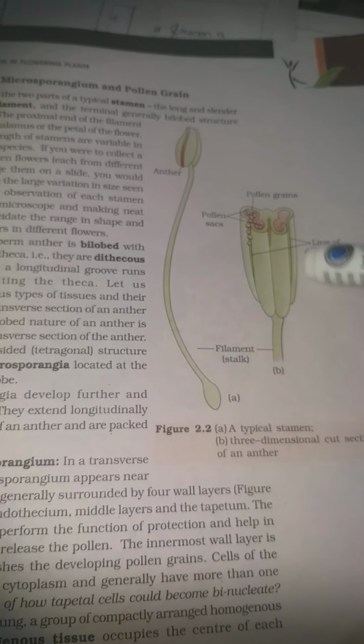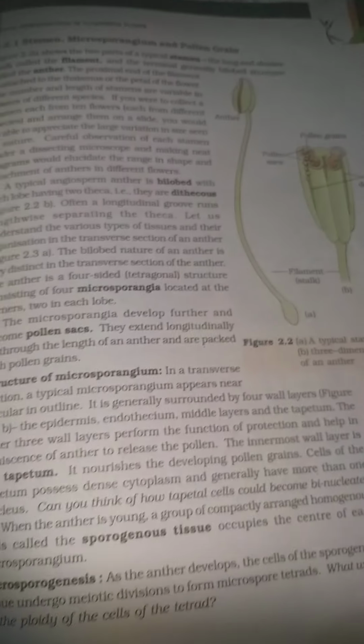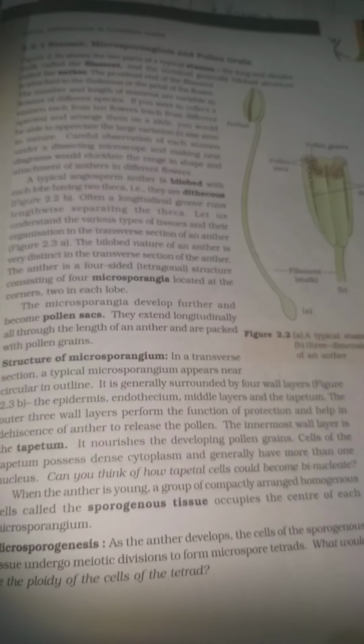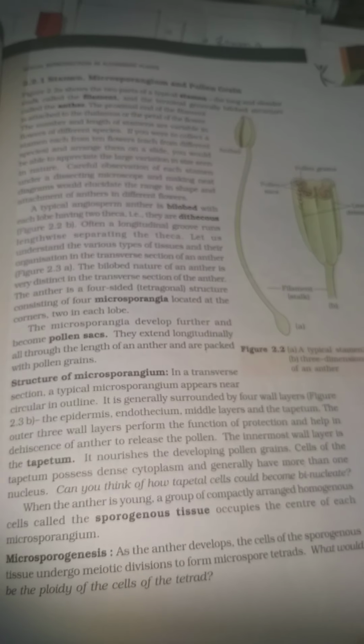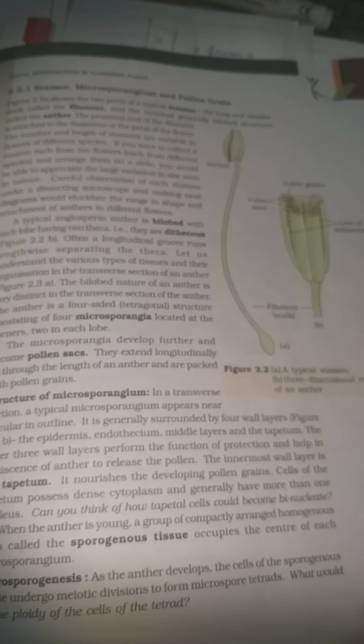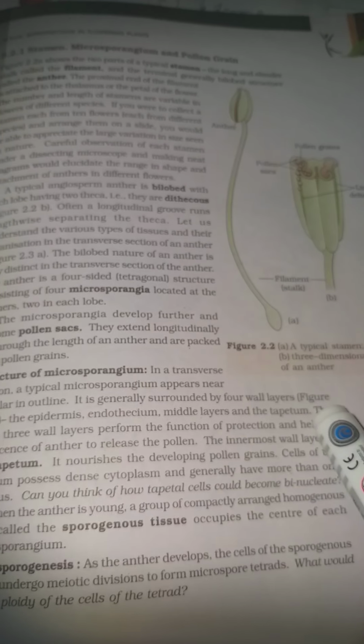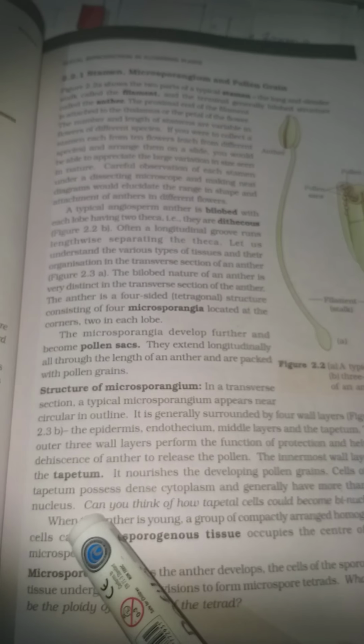Longitudinal means here, longitudinally. Now the structure of the microsporangium: it is a transverse section of a typical microsporangium, near circular in outline. If you cut it, it is circular in outline. And the innermost layer, I told you earlier also, is known as the tapetum.